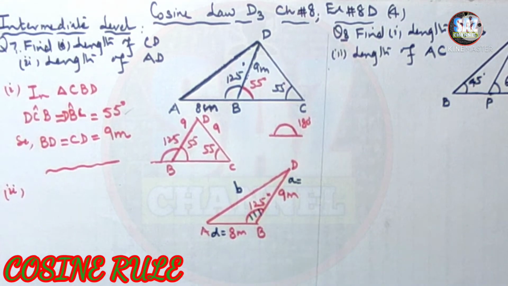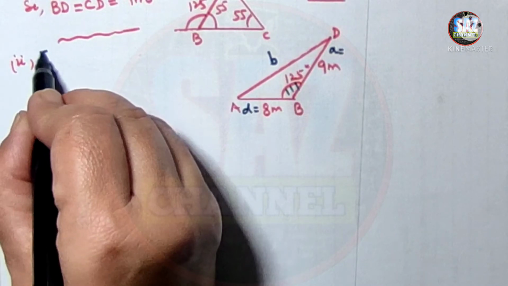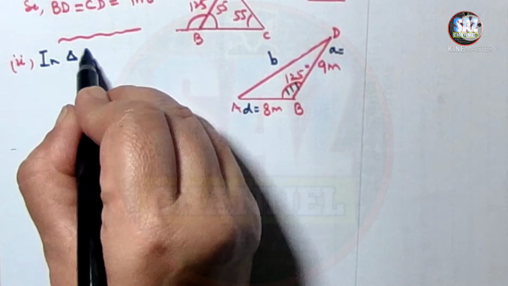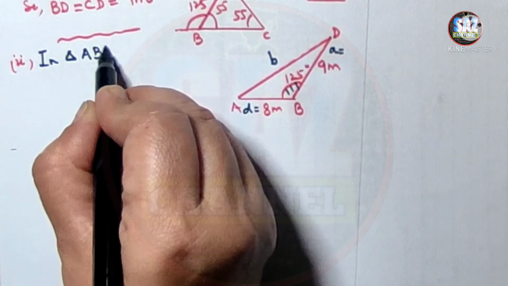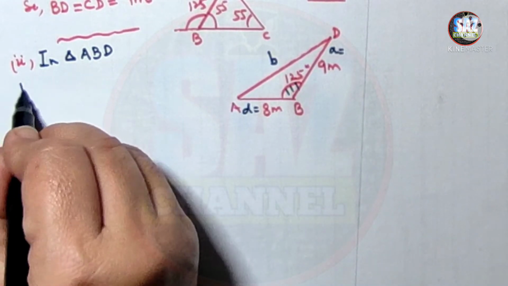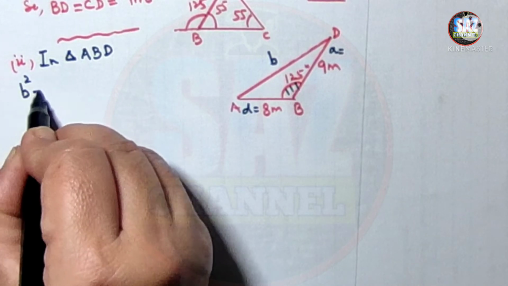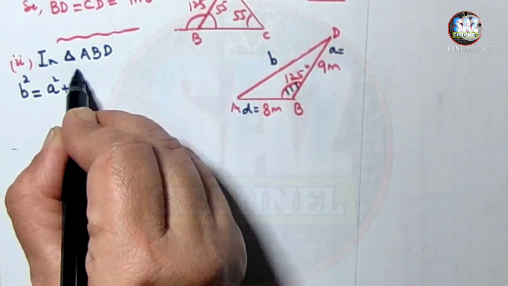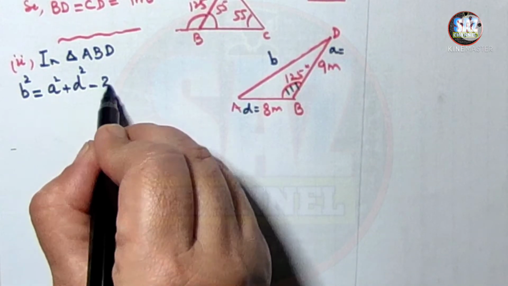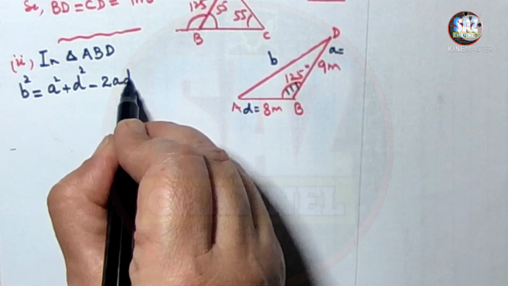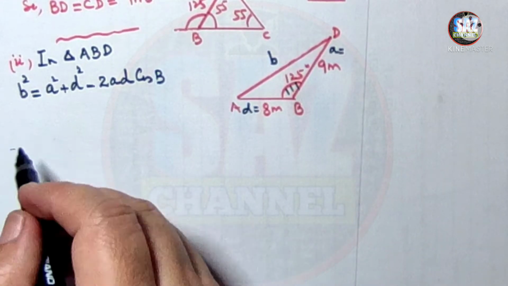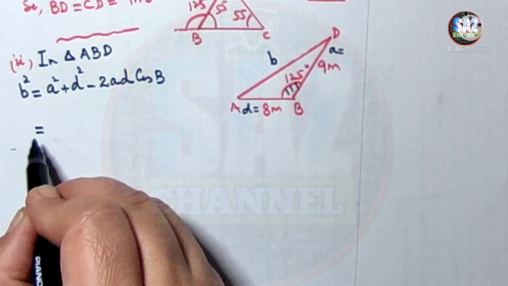Okay, now AD is b. So in triangle ABD, b square, which is AD, equals a square plus d square minus 2 into a into d and cos of angle B. Now what we have to do, we just have to replace the values carefully.